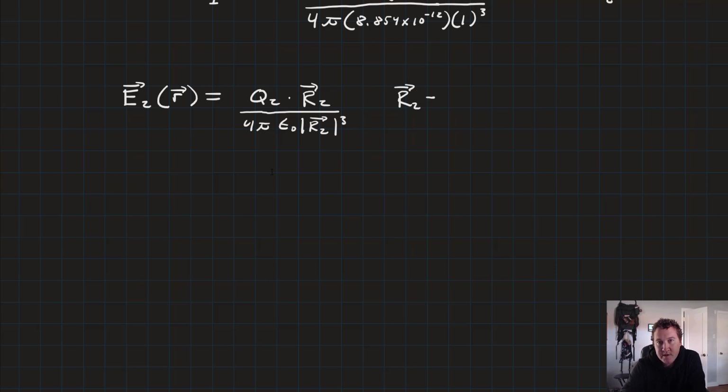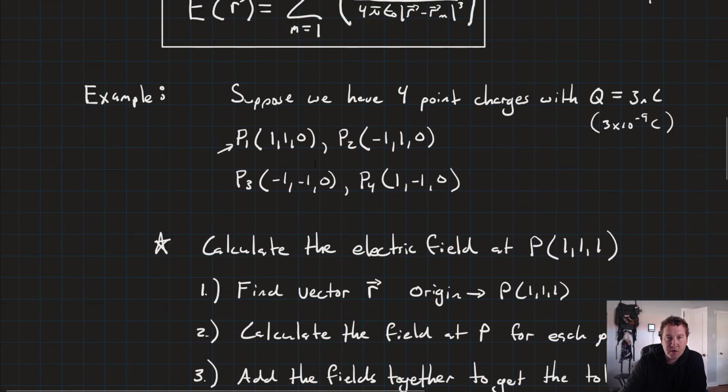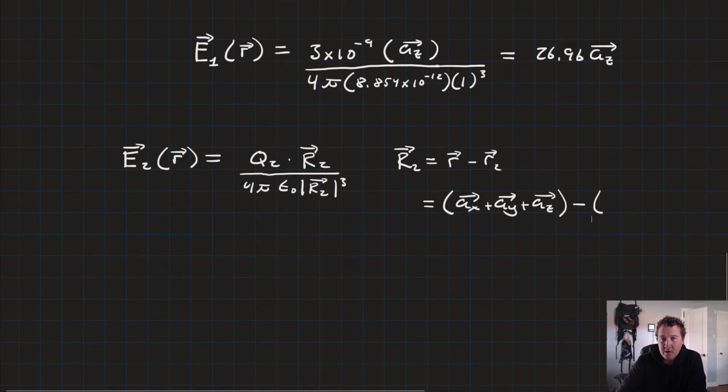Now, capital R2 is equal to little r minus little r2, which is equal to ax plus ay plus az minus, let's see what P2 was. We'll scroll up to the top. P2 is minus 1, 1, 0. So that's going to be negative ax plus ay.